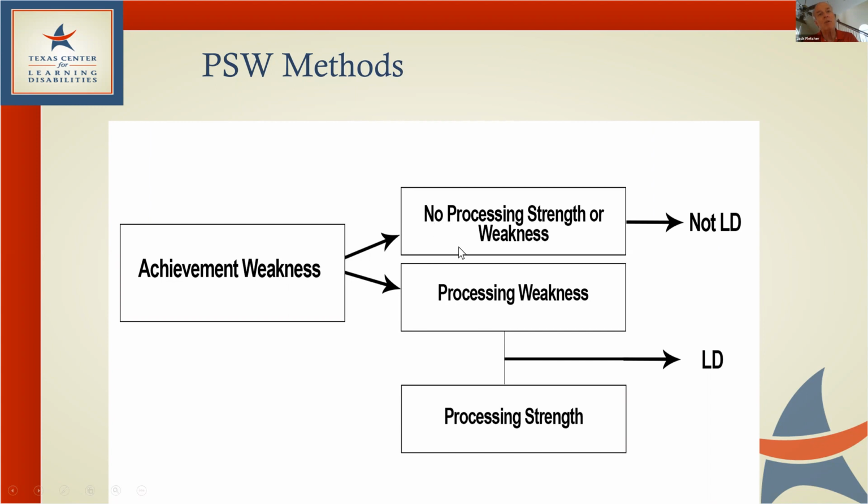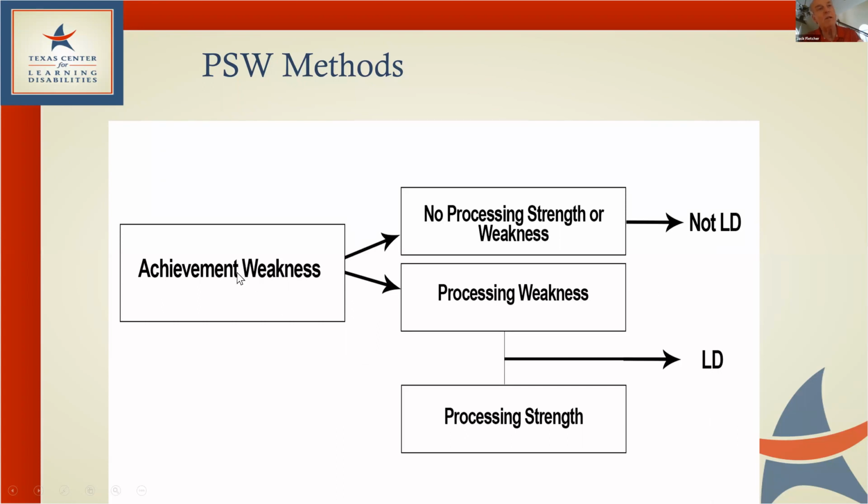You need to have a processing strength and a processing weakness. There has to be a relationship between the achievement weakness and the processing weakness. If you have no processing strength or weakness, you're not learning disabled. You're a slow learner. If you have a processing weakness and a processing strength, you're learning disabled.